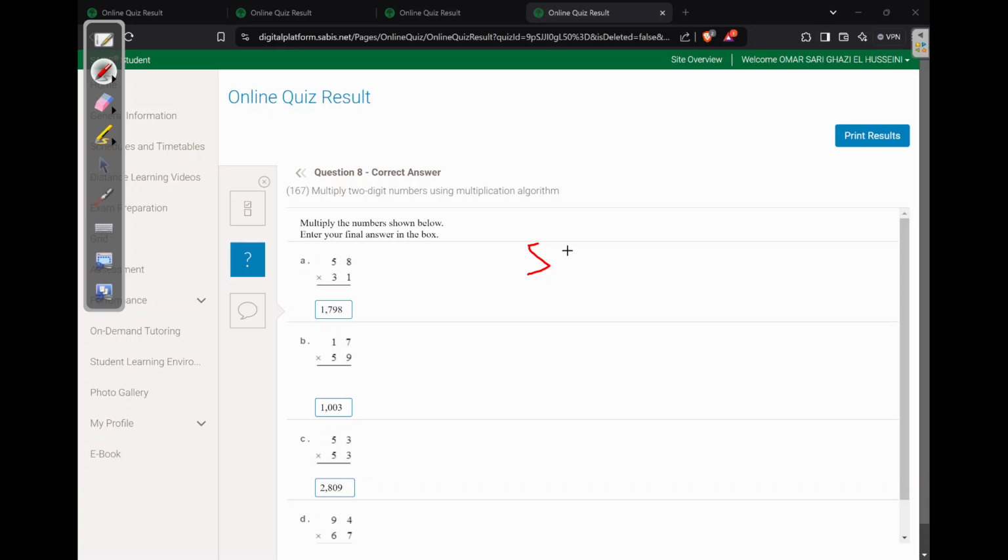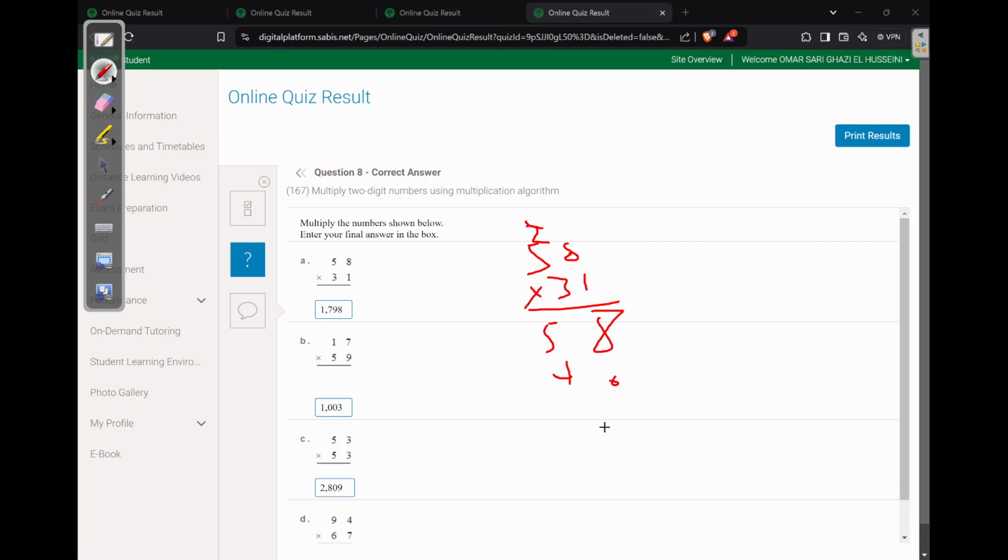58 times 31. 1 times 8 equals 8. 1 times 5 equals 5. We add a 0. Okay, now it's 3 times 8 equals 24. We add the 2 here, 4 here.